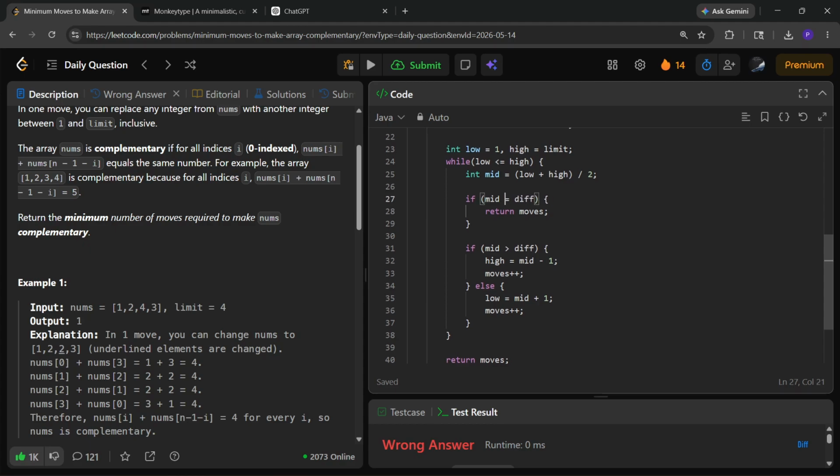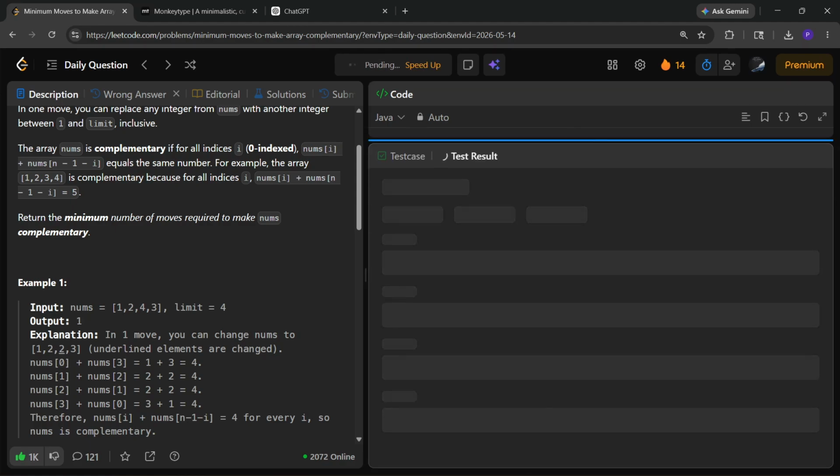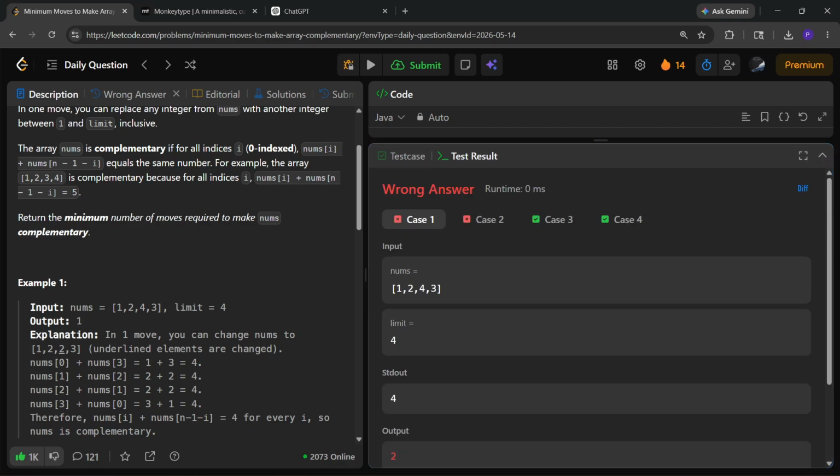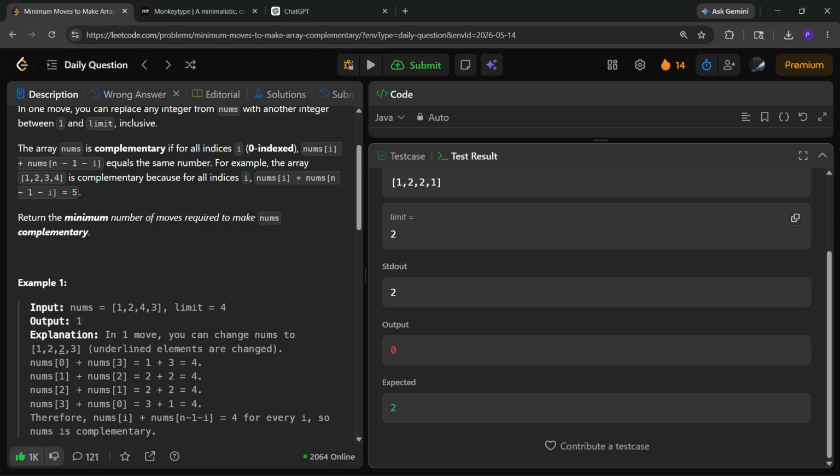No, I need the exact number in that case. What am I even binary searching on? Why is the output 0?